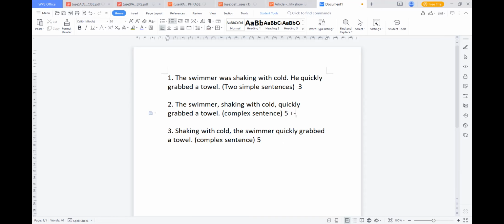So probably he only gets 1 mark instead of 5. Compared to the simple sentence, he would rather use the simple sentence than the complex sentence. But if he writes correctly, he gets full marks, 5 or 6. You understand, right? Okay, so that's how it goes.